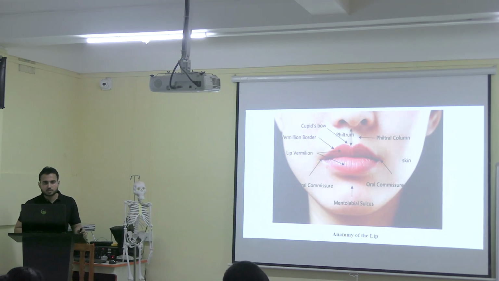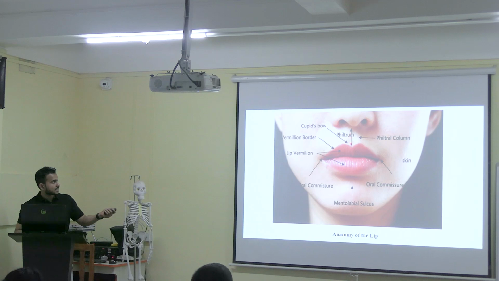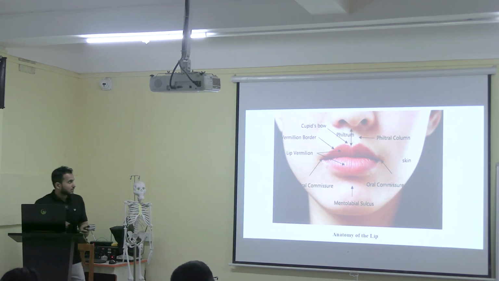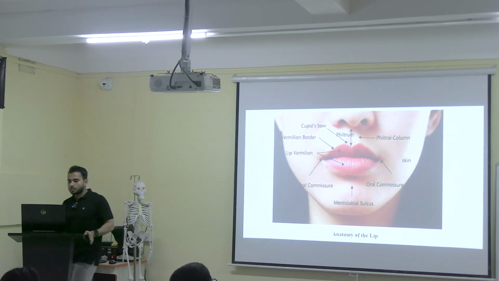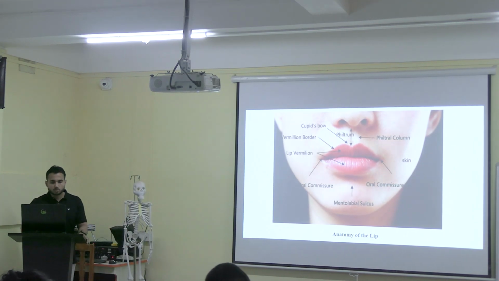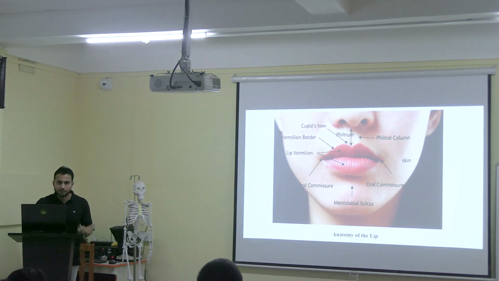Now this philtrum, how is it formed? You can see the column and you can see the depression. Now this particular part is called philtrum and philtral ridges. Okay, look, these are the philtral ridges and this is the philtrum. Now it is a median vertical groove, as I said, present on the outer surface of the upper lip.